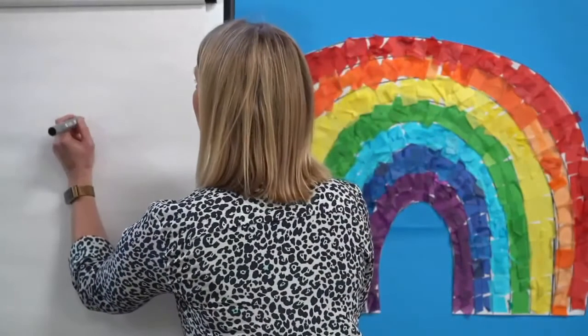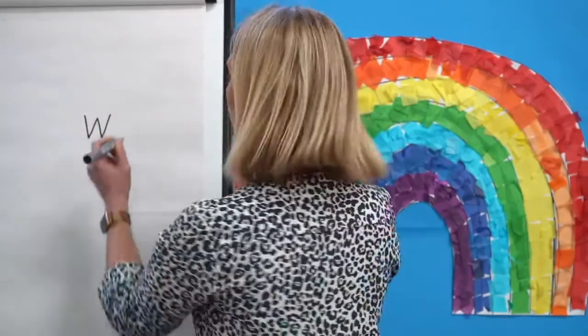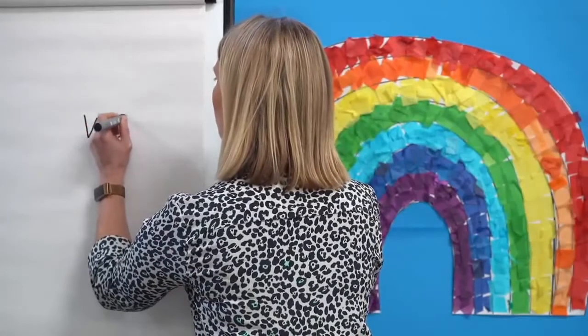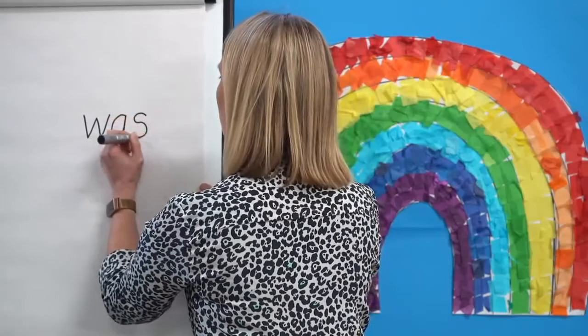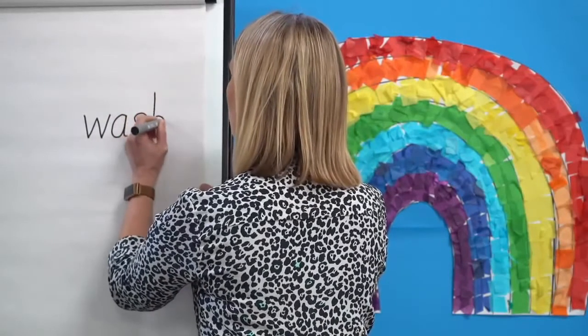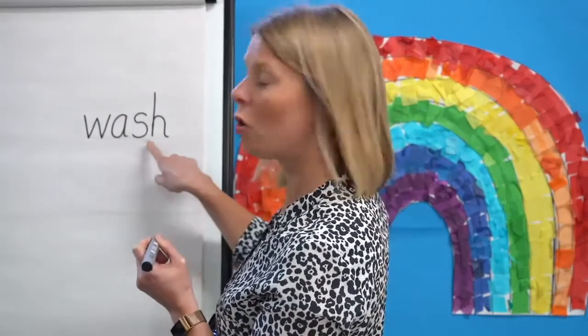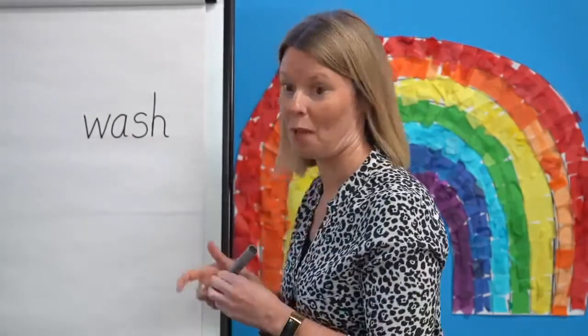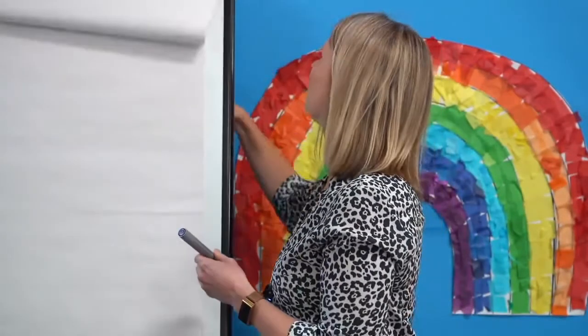Watch me write wash and remember 3 sounds. Oo, O, and our digraph, sh. Oo, O, sh, wash. I'm going to hide it. Have a go.